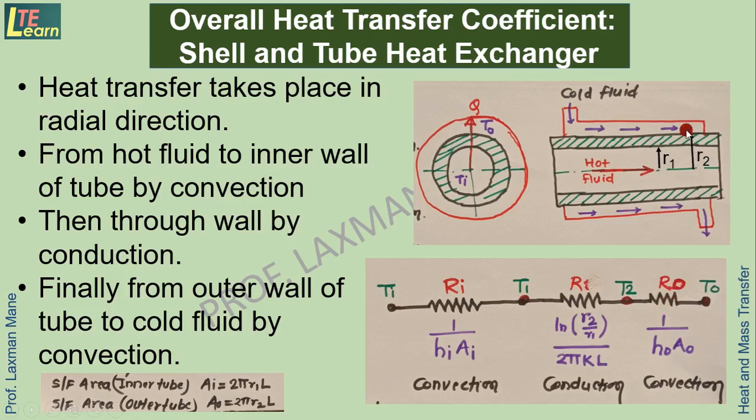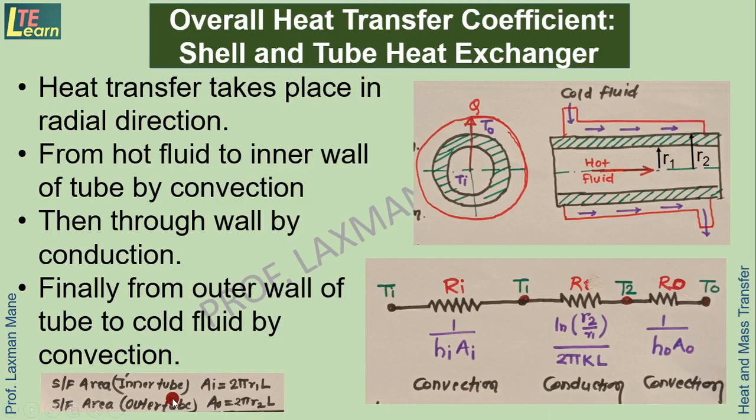The third resistance is for the cold fluid which is passing on the shell side. It is given as 1 upon HoAo, where Ho is the convective heat transfer coefficient for the outside cold fluid, and Ao is the outer surface area of the tube.